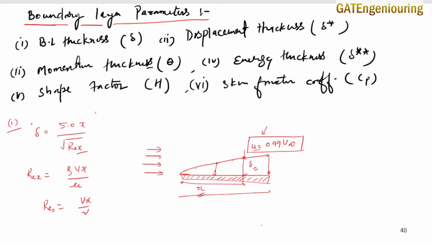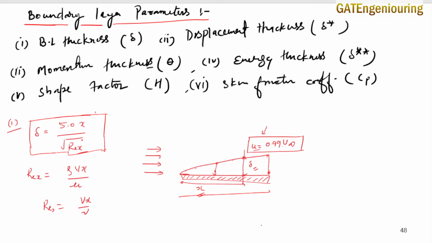This is the expression of the boundary layer thickness from the exact solution of Blasius: 5.0 times x upon the square root of the Reynolds number for a given distance x. The x value is variable here, and using this we can find the boundary layer thickness over the range of x from 0 to the full length of the plate.